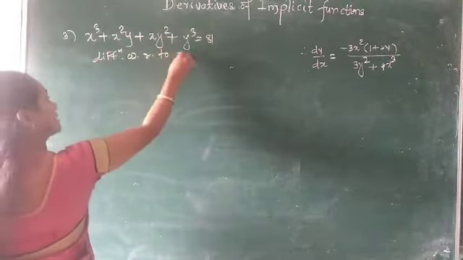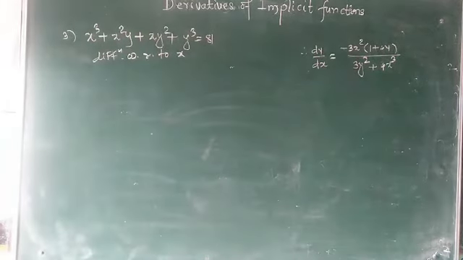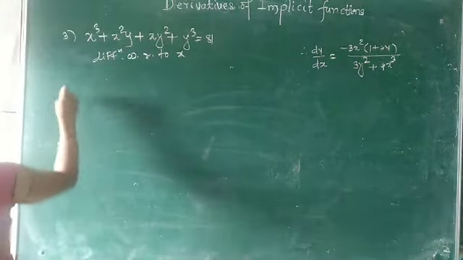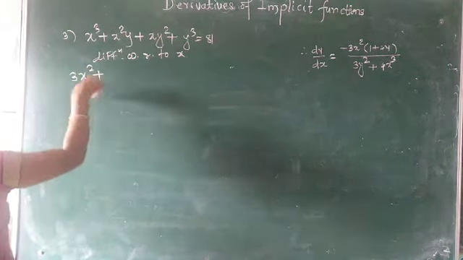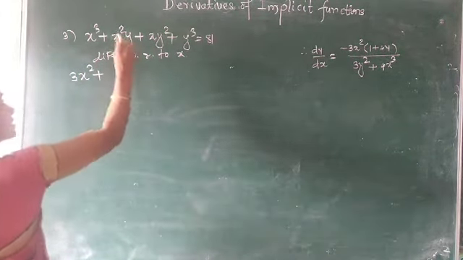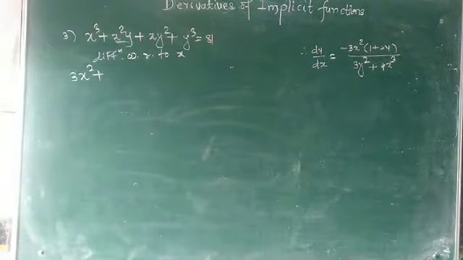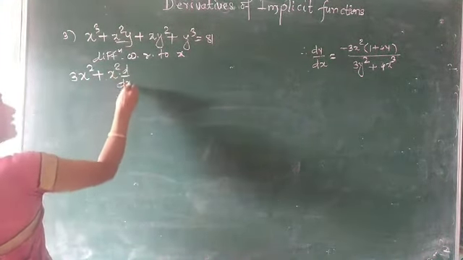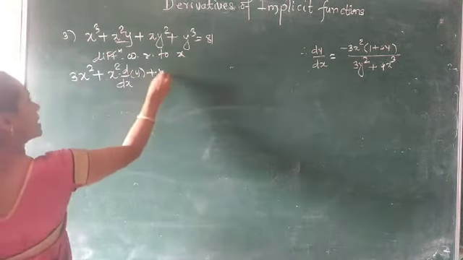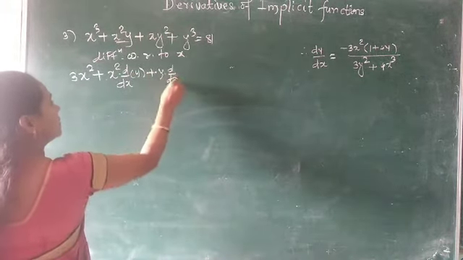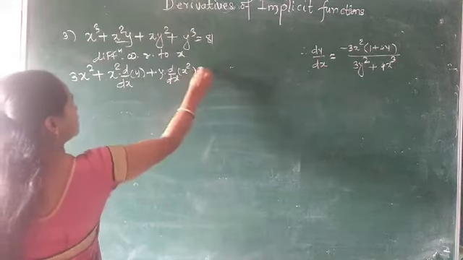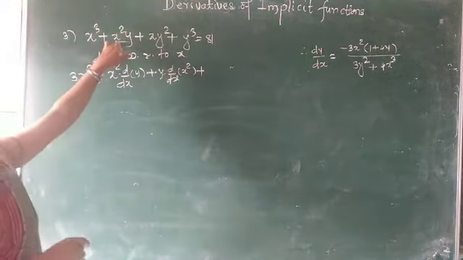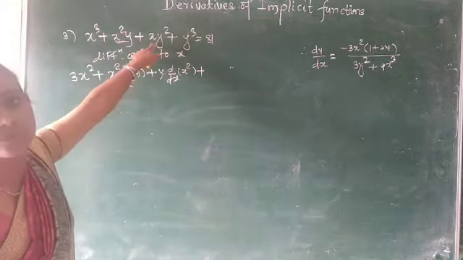What is derivative of x cube, which is again 3x square, plus, now again there are two functions x square and y, so use product rule here. So keep x square into take the derivative of y, plus keep y as it is into take the derivative of x square, plus. Now again here we have to use product rule.